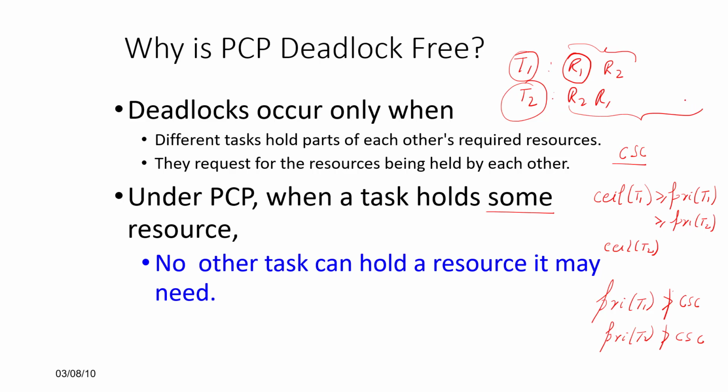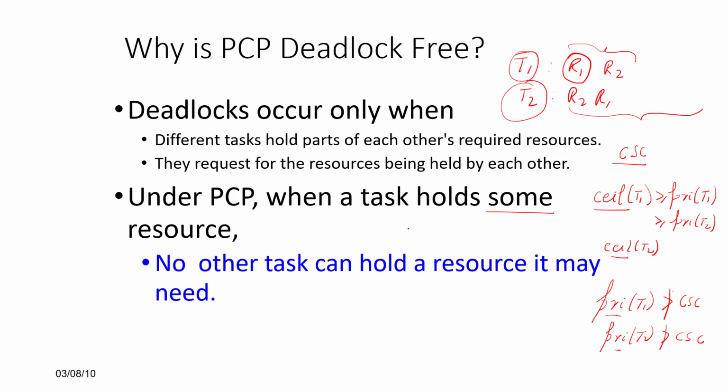All right. So that is the key point: when two tasks are interested in the same set of resources, these equations come into play, which basically means that the resource grant rule will not allow one task to preempt the other. So that is the insight.